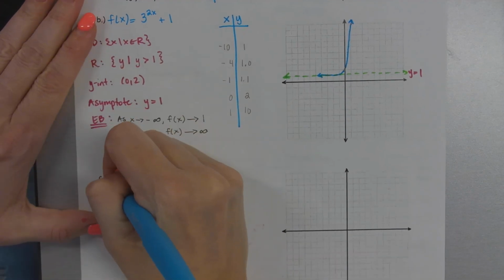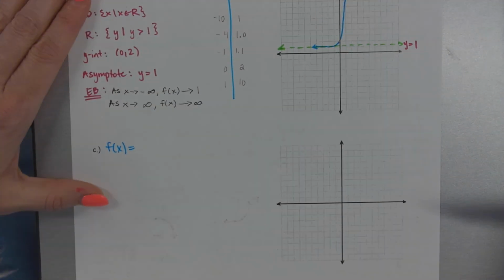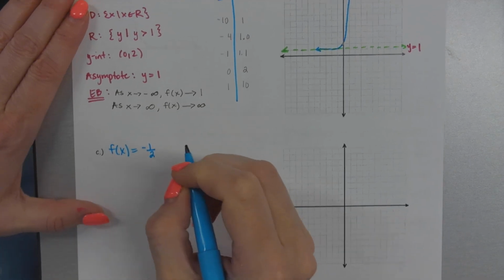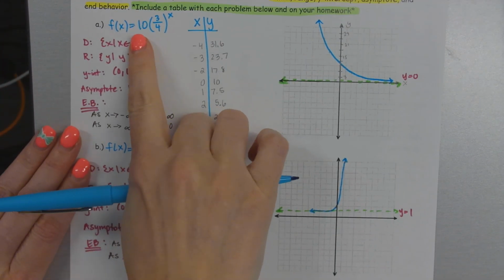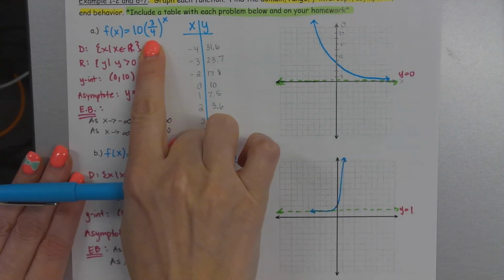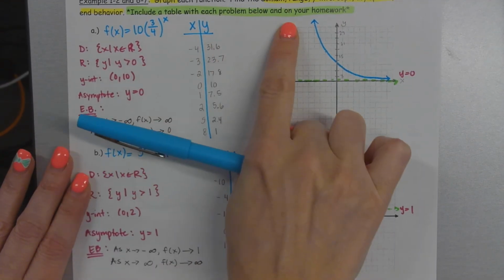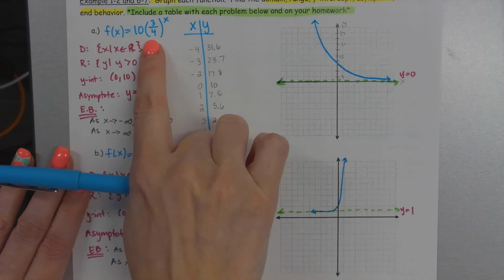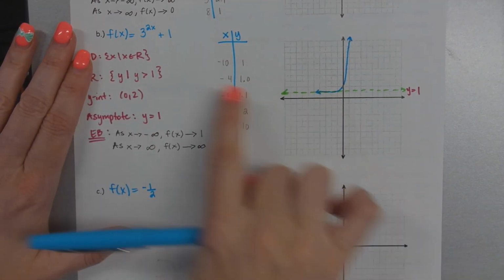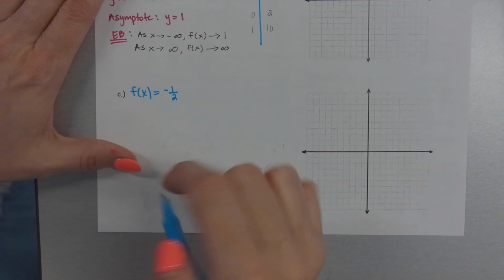Let's try this one. Was part A growth or decay? Decay, because it's 3/4, right? Okay, so if it's approaching that asymptote, it's going to be decay. What about this one, growth or decay? Growth, because it's going to infinity.